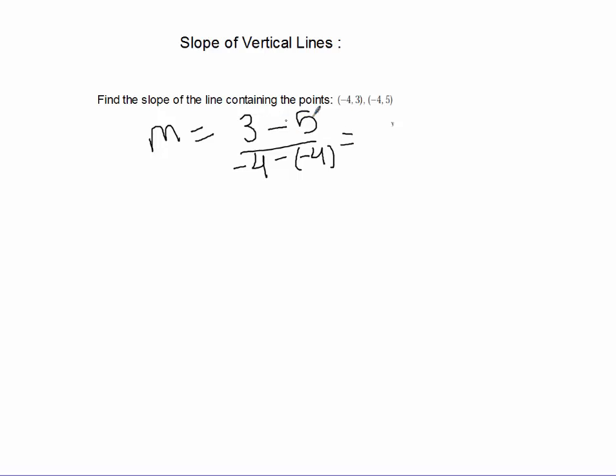So if I do the arithmetic, I get -2 over -4 plus 4. So I have -2 over 0. And we know that when we have a fraction, we can never divide by 0. That is undefined. So that means that the slope of this line is undefined.